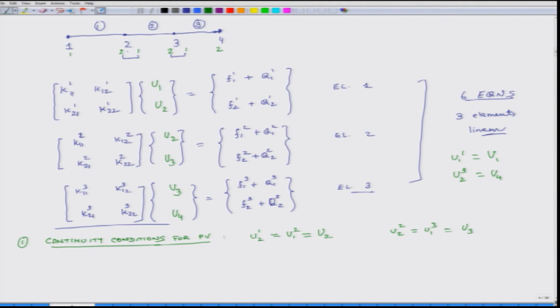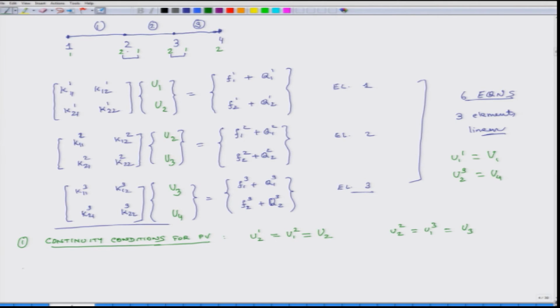So, what I have done at this stage is that I have replaced element degrees of freedom with global degrees of freedom. See, all these individual displacements at nodes, they are degrees of freedom. So, I have replaced element level degrees of freedom with global level degrees of freedom. This is the first thing.